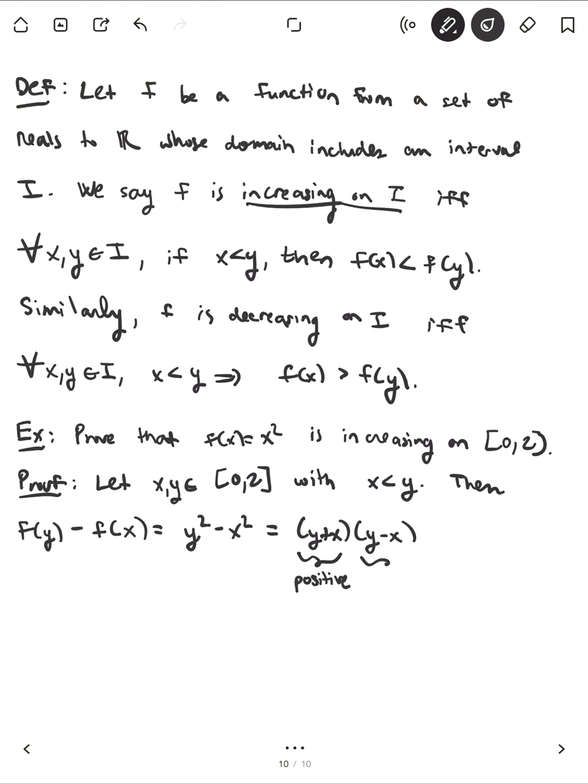And same thing for this next term here, because of this assumption right here, that y is strictly greater than x. And so y squared minus x squared is bigger than 0. So f is increasing on 0, 2.